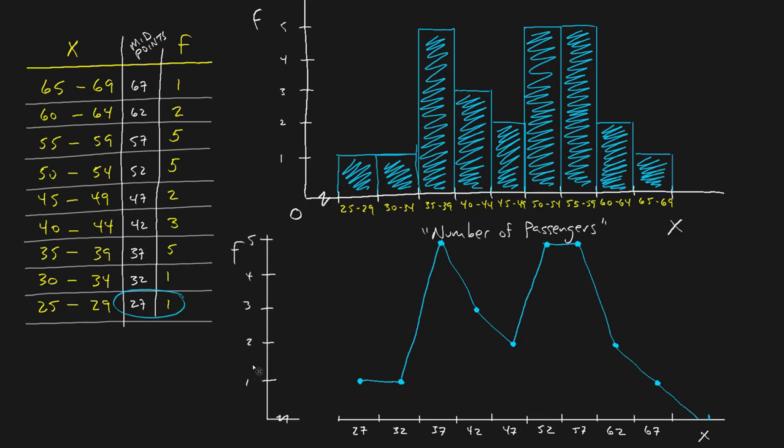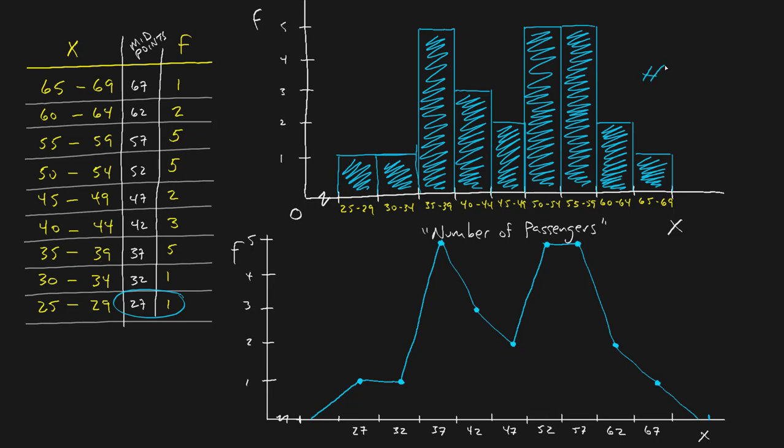All right, that's pretty good. And the reason I'm doing that is because I need to actually have another category here to bring this down to the middle of. So there is my polygon.